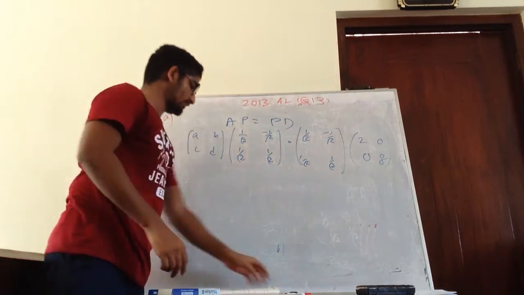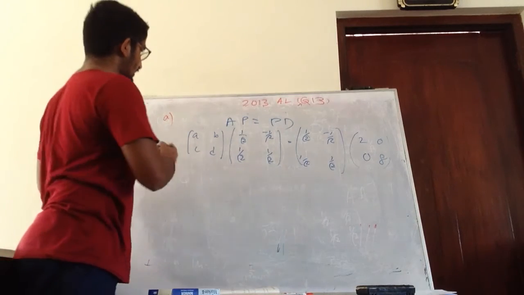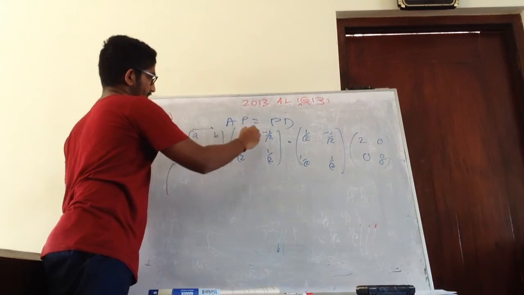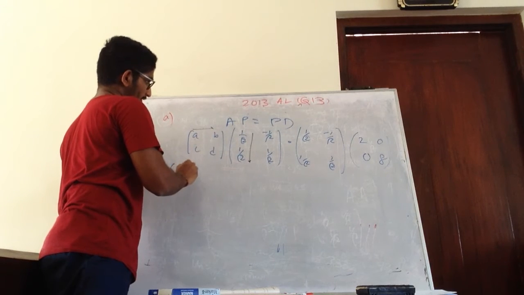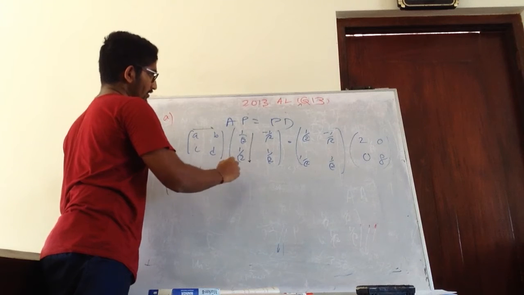Right? So now what we have to do is multiply these out. That is square root of 2 a plus square root of 2 b.